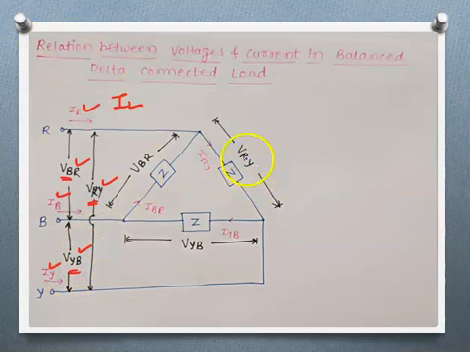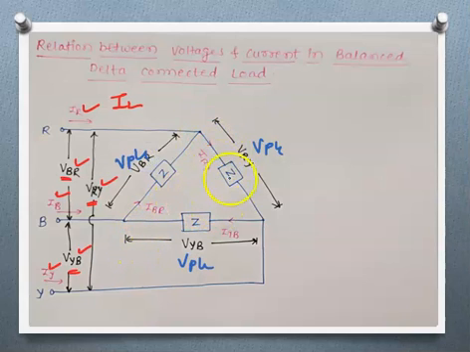Now this Z impedance is the impedance of a single phase. This is one winding impedance, this is the second winding impedance and this is the third winding impedance, which are connected in delta. So the voltage across each winding is nothing but the phase voltage.